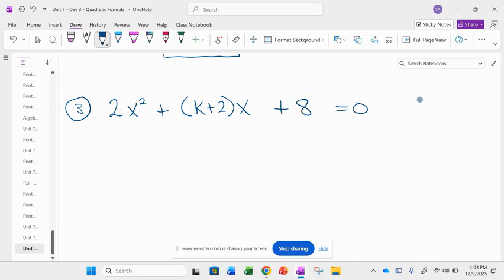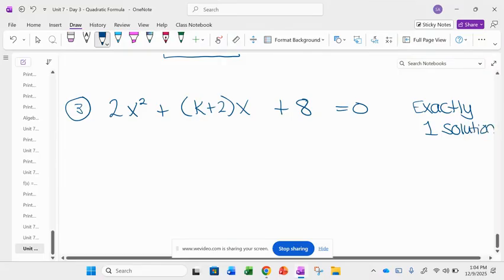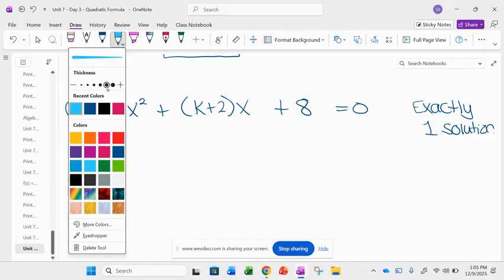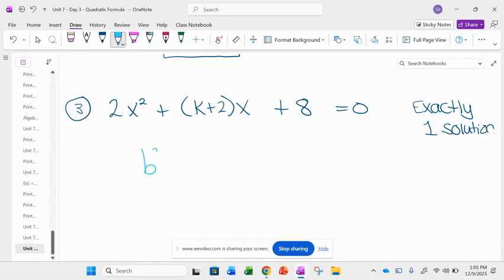And I want exactly one solution. So for exactly one solution, we need the discriminant to equal what? 0. So I need b squared minus 4ac to equal 0.